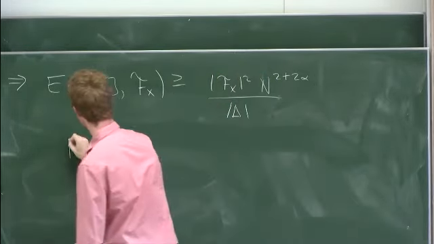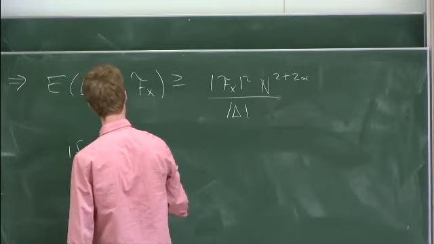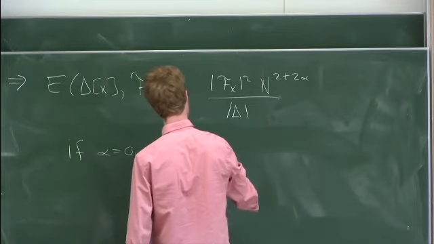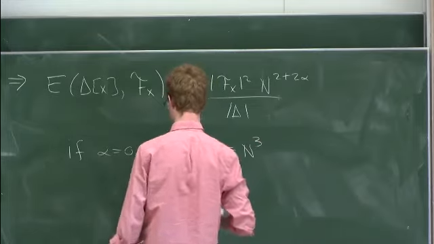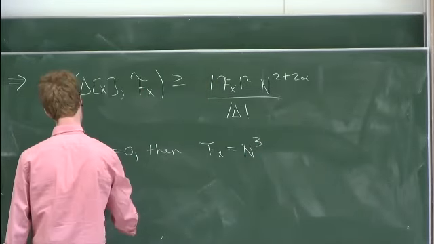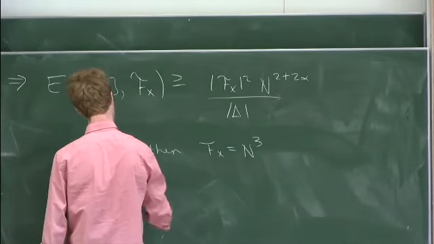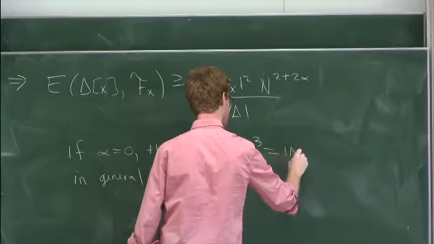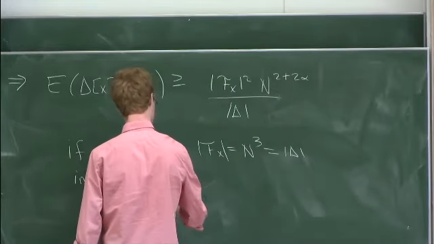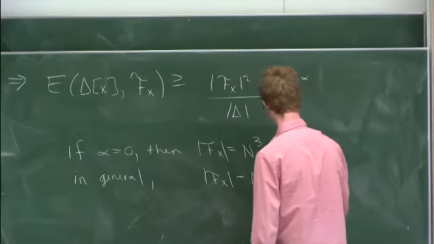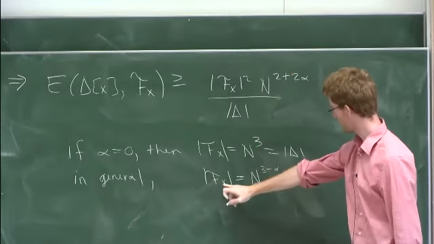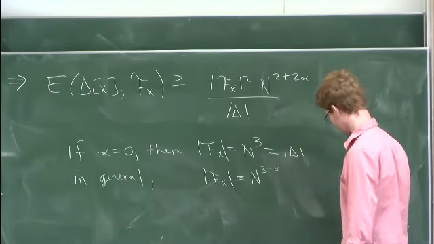So if alpha is equal to 0, then the size of the friends of x is equal to n to the 3, which of course is equal to the size of delta, because every element in A has this many friends.